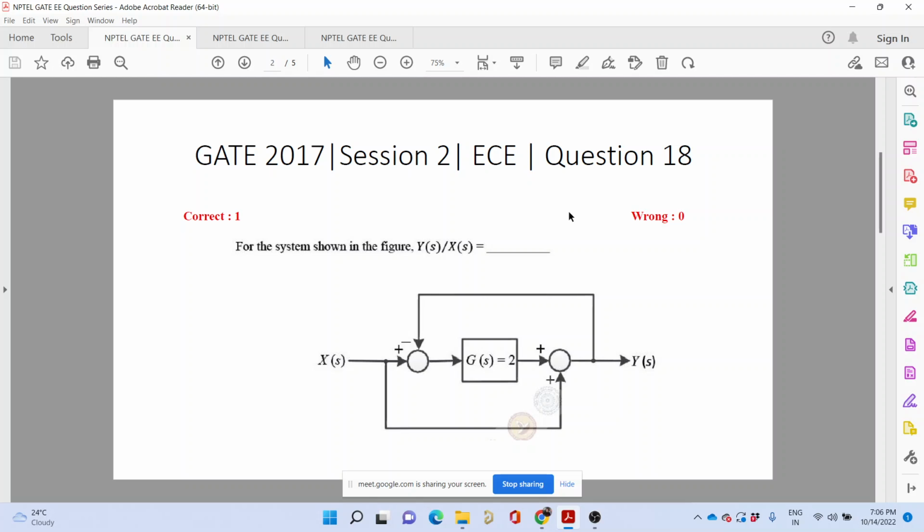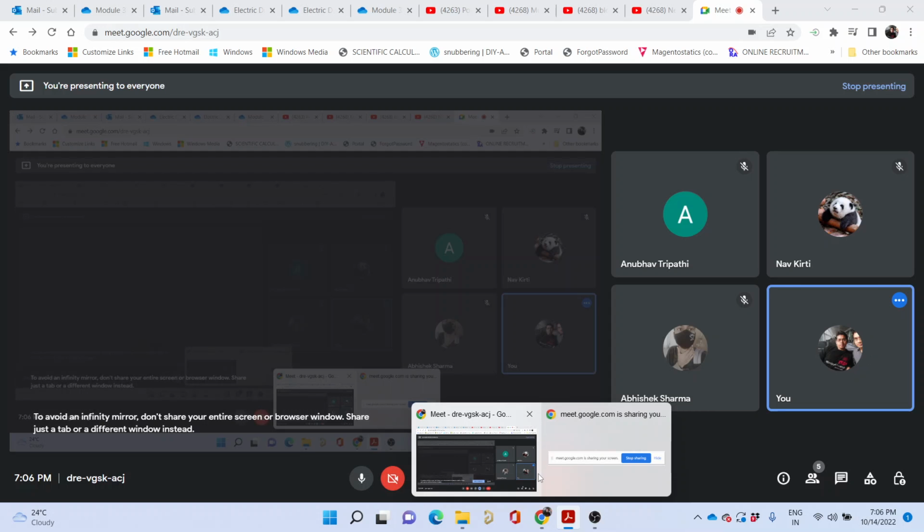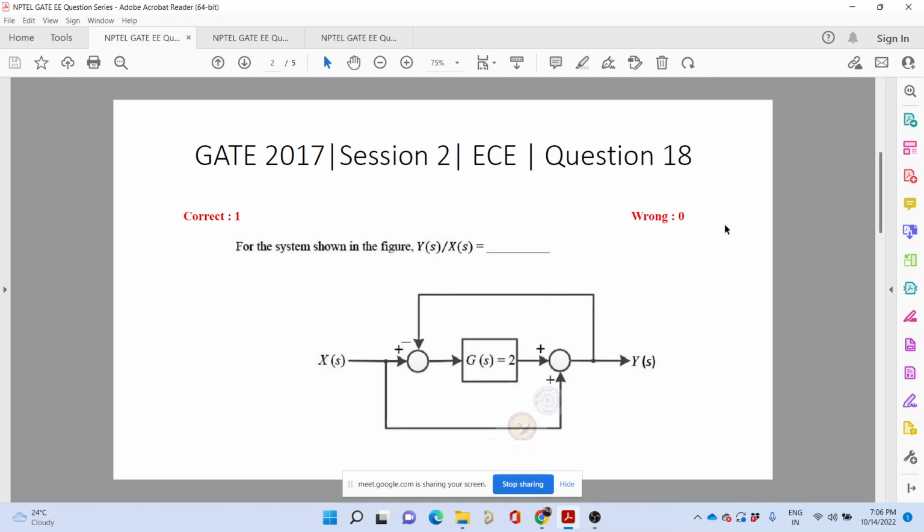Zero point two, sir. 0.2? Okay, that is Anubhav. Was it Anubhav? Who was that? Abhishek. Okay. For one.